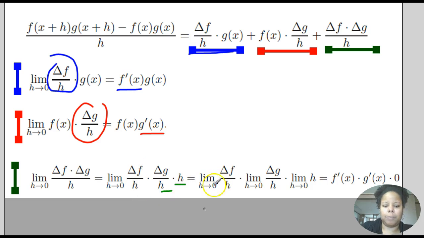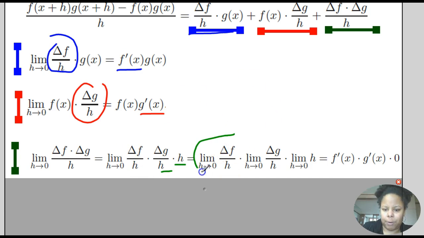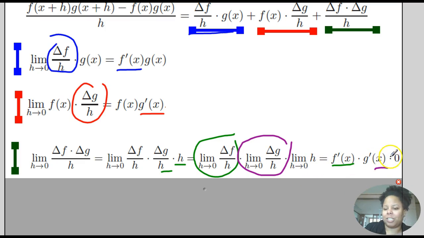And then what this ends up looking like, after some algebraic manipulation, is this: this right here is f prime of x, this right here is g prime of x. But the limit as h approaches 0 of h is just 0, which means that all of this statement right here will go to 0 as h approaches 0.